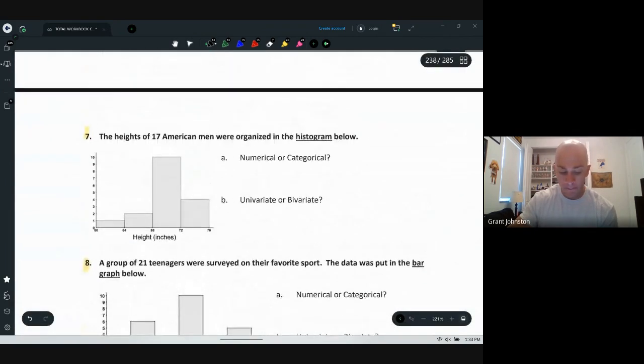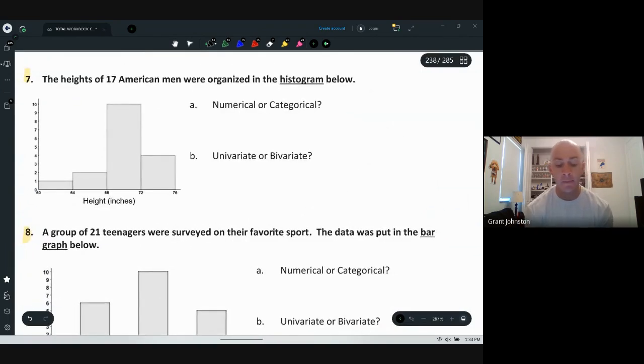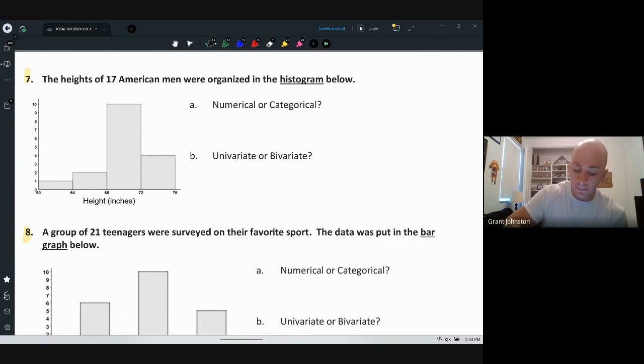Got a couple more. We have histogram. The heights of 17 American men were organized in the histogram. This is numerical. It's not separated by categories. Height is a numerical variable. And this is univariate.